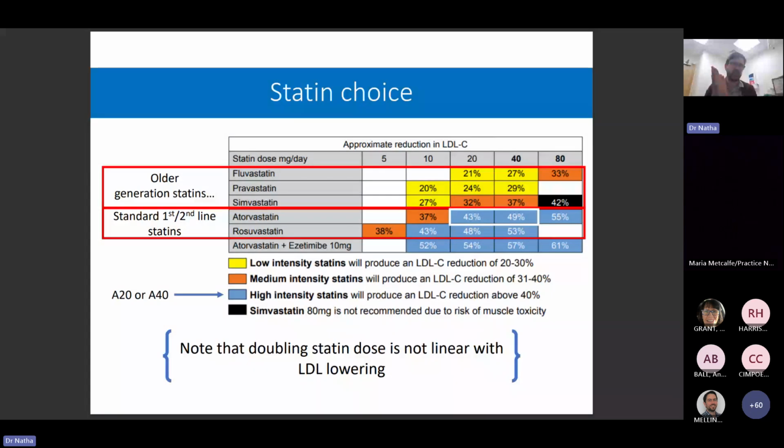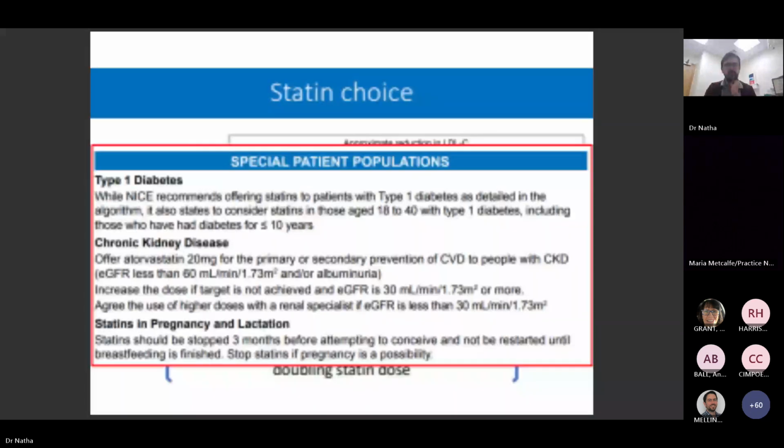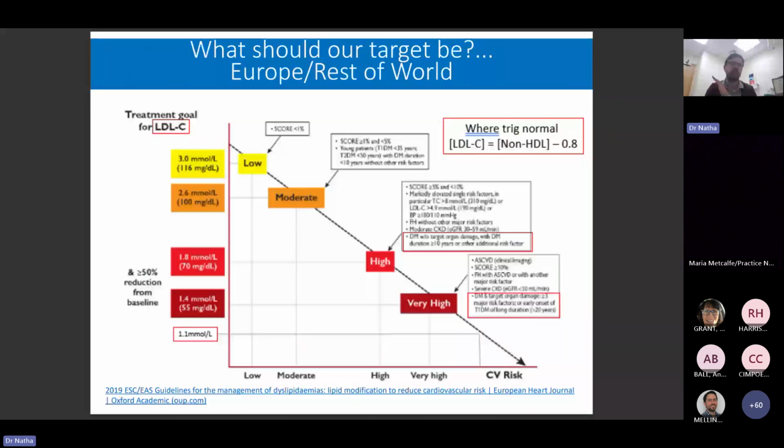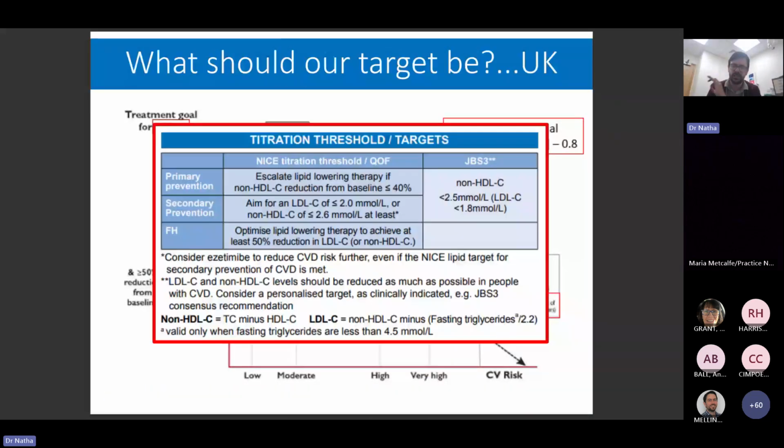Titration. So, I'm going to skip through my slides slightly. Your titration comes down to what targets you are setting. NICE guidance, primary prevention dogma, has always been to consider a 40% reduction in the non-HDL from its baseline.